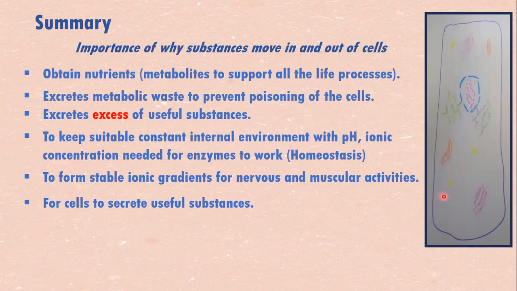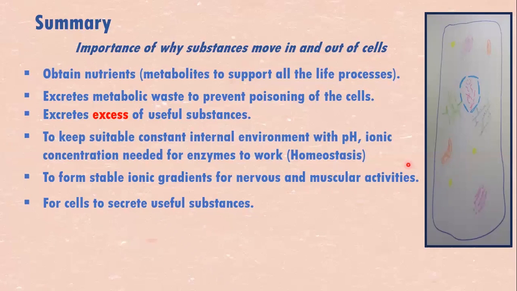So it will form substances that it will secrete, release into other cells. And if substances do not move in, it cannot make other products to secrete the useful substances and move them to other cells for the whole living organism to thrive.